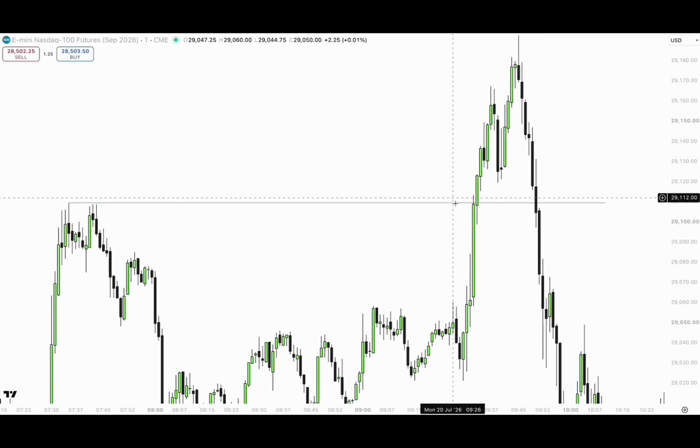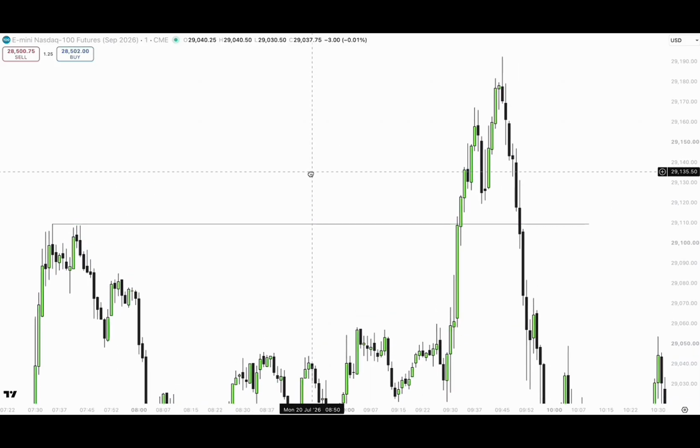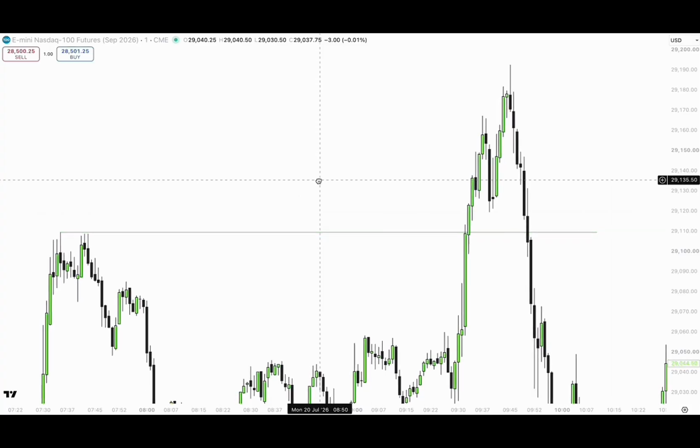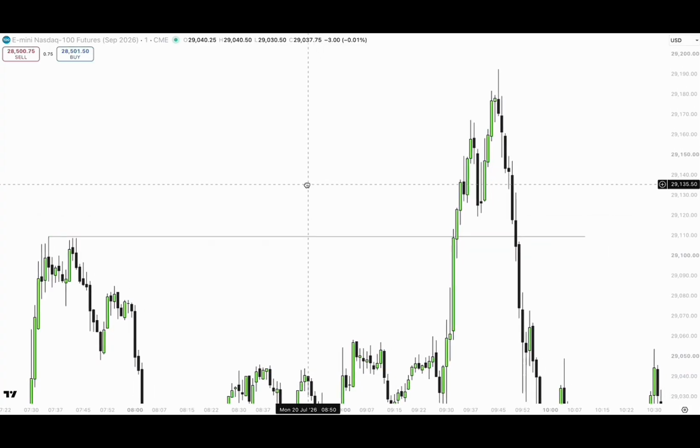So when we see that we traded above the pre-market session high, what you want to look at is if we get a market structure shift to the downside.